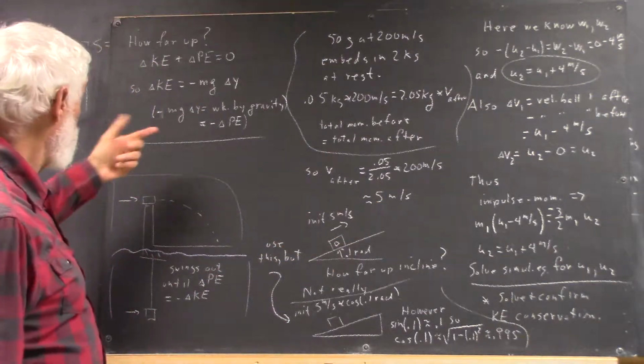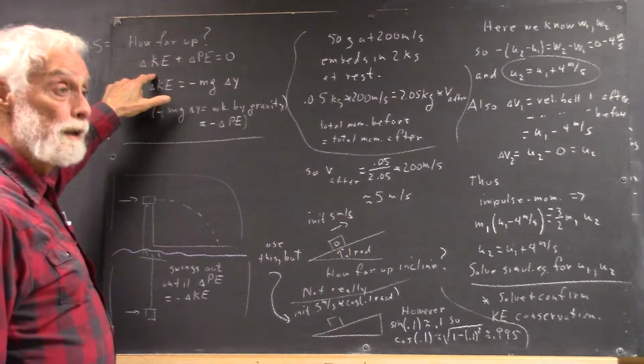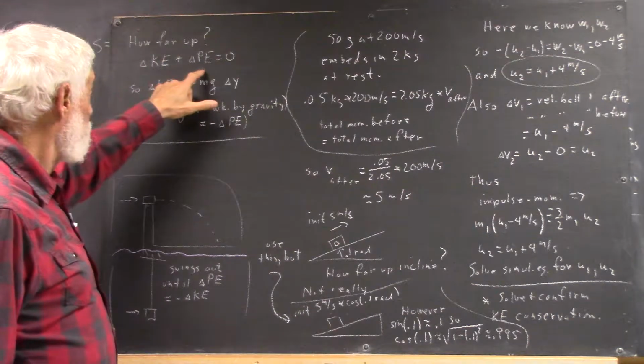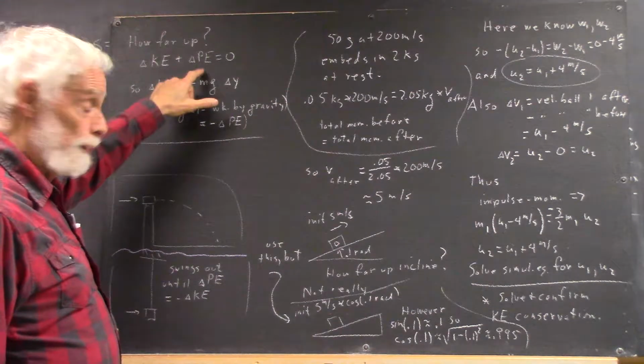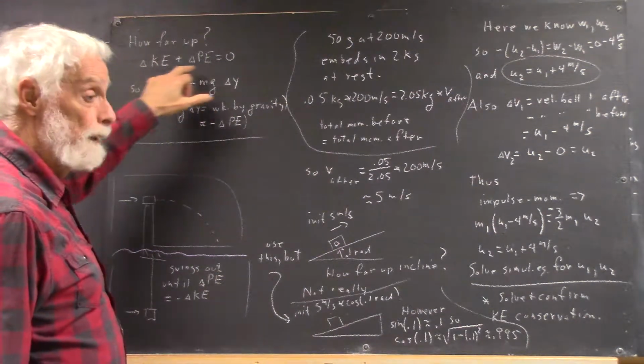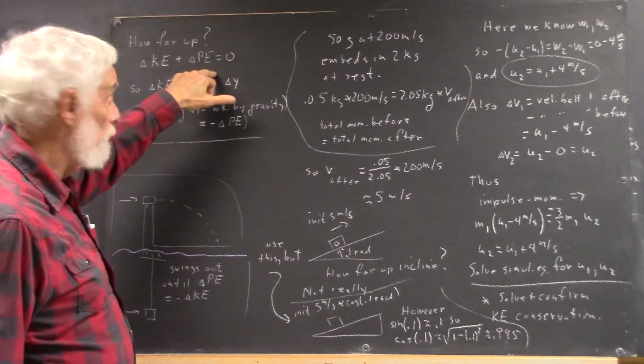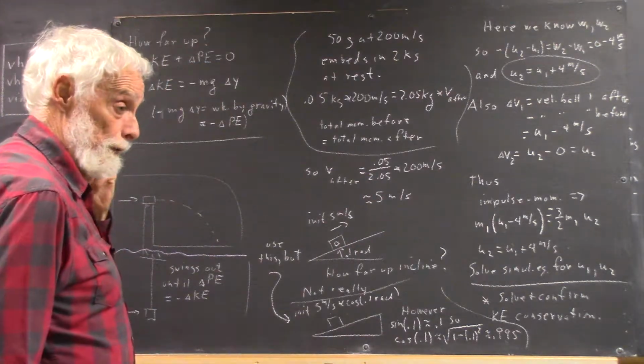We go up the incline until we've lost all our kinetic energy and it's been converted to potential energy. You'll have a negative change in kinetic, the corresponding positive change in potential energy.